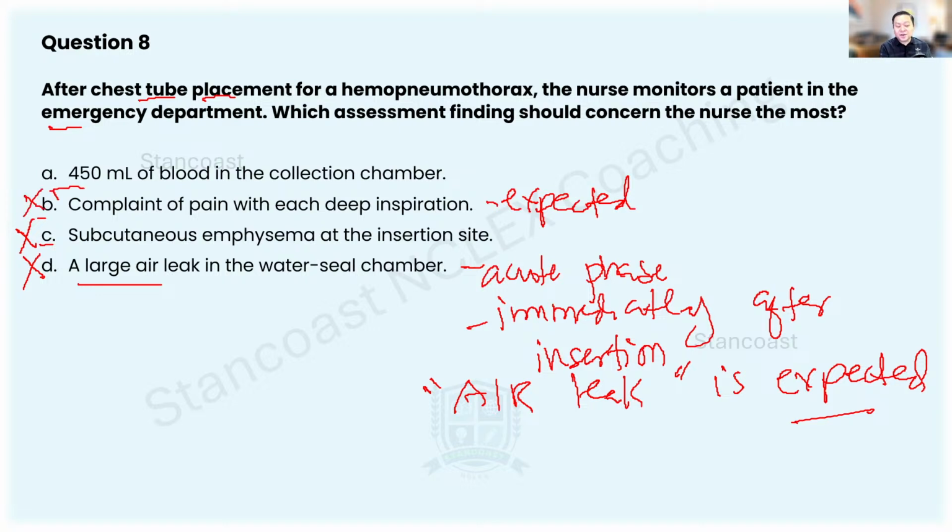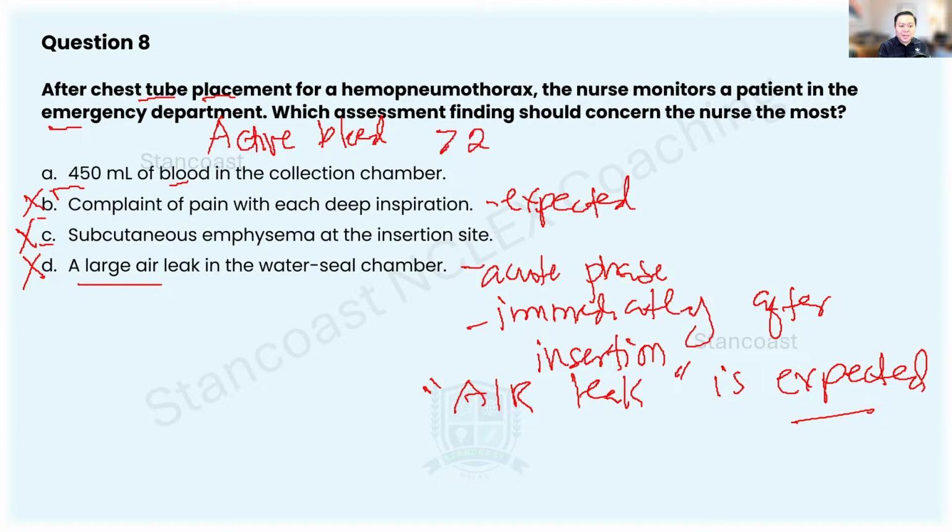Our answer here is 450 ml of blood, which is basically a sign that there is an ongoing bleeding, okay? 450 ml is significant. There is an active bleed. Guys, this is going to be your parameter.